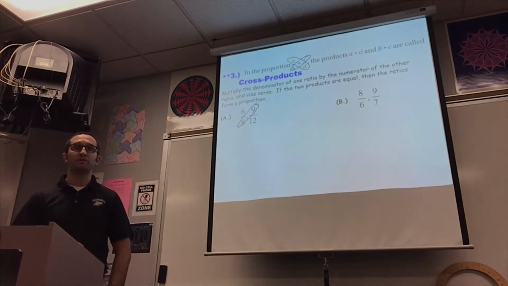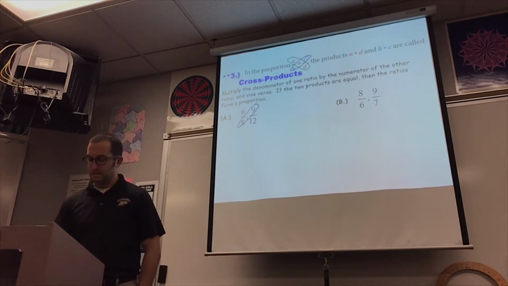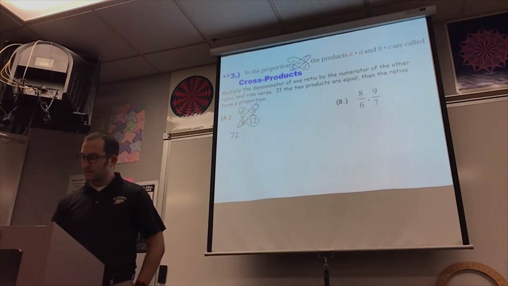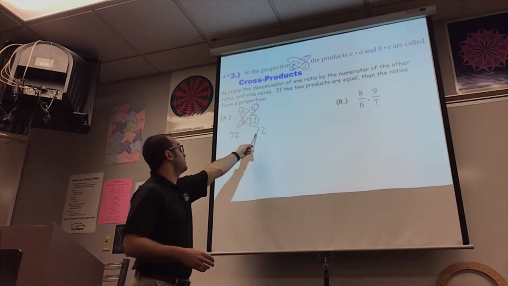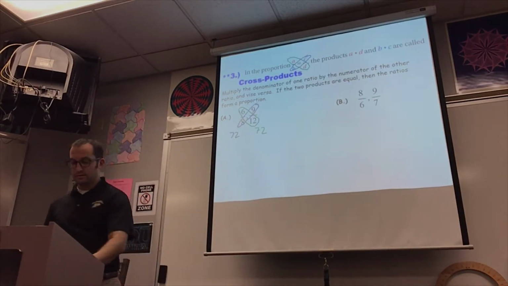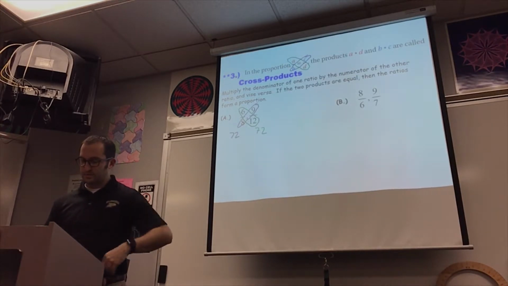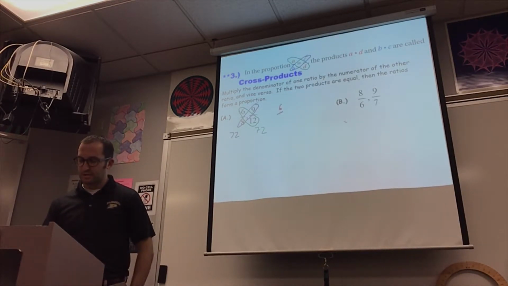8 and 9. What do those multiply to equal? 72. 6 times 12. Those multiply to equal 72. And since those cross products are equal, we know that 6 over 8 is in fact equal to 9 over 12.